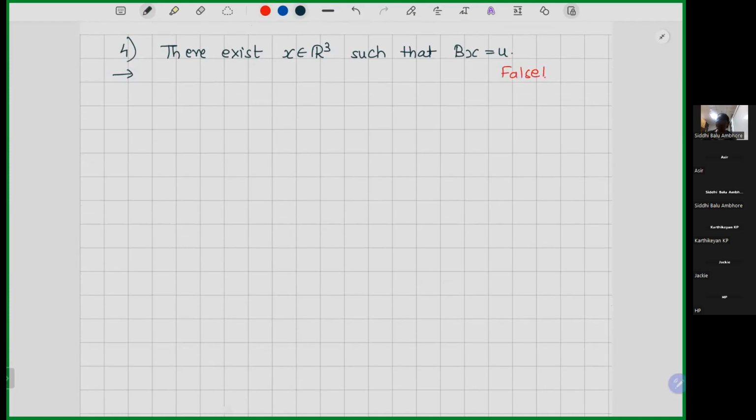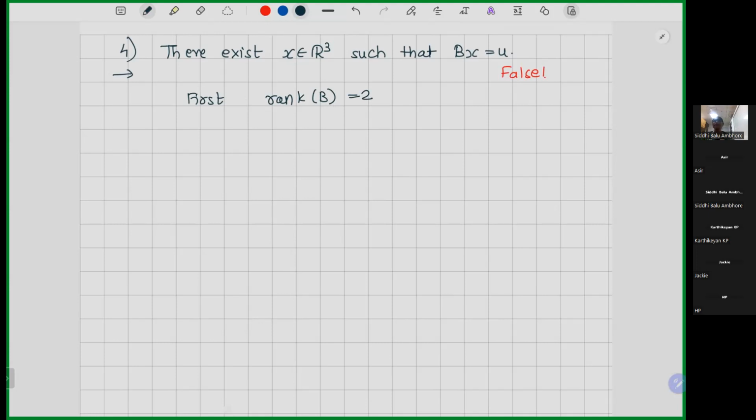Okay, and we will see how. Because B has the zero eigenvalue, that is okay, but let us see how this is not true. So first, we all agree that the rank of B is 2, right? 0, 3, 5. So the rank of B is 2. Everybody is okay with that?